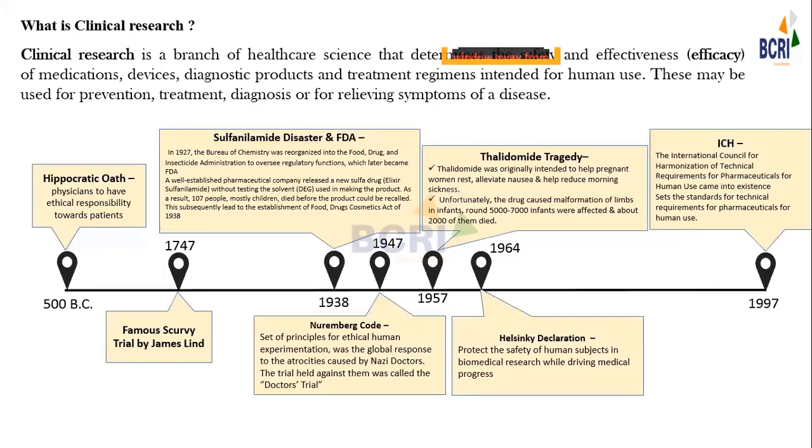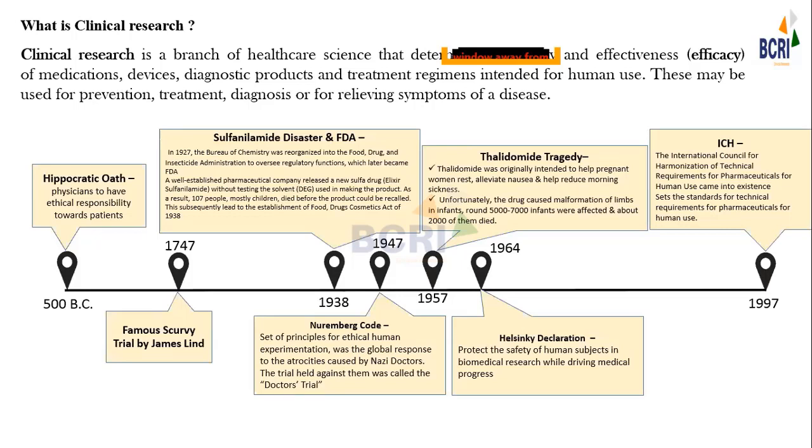In this particular case, the major factor involved was the safety of the people using it, right? It was pregnant women, the population this drug was targeting, and it was a catastrophe. A lot of fetuses died, and a lot of children were born with abnormalities, with malformed limbs.